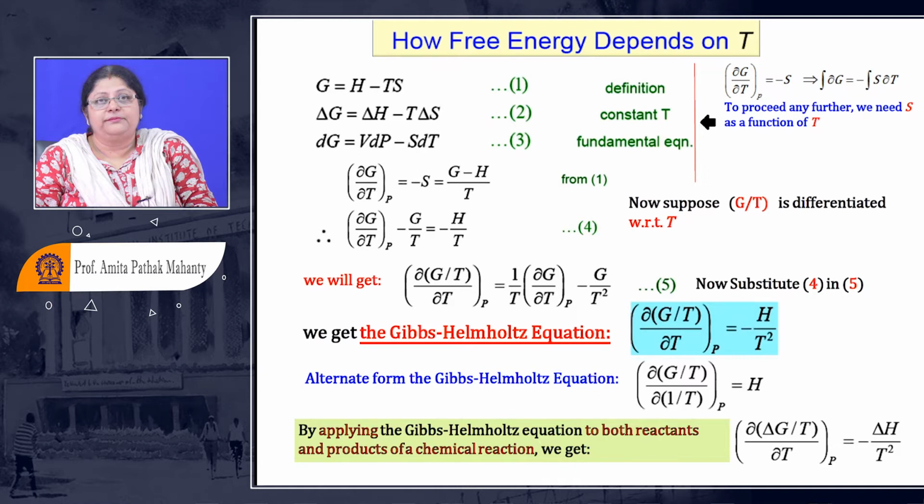If I apply the Gibbs-Helmholtz equation for that, then the right hand side becomes the delta H of the reaction, and instead of G, I will write delta G by T with variation in temperature at constant pressure. Whenever we are writing a delta sign, that means you are applying that to a reaction for which you know the reactant and product.